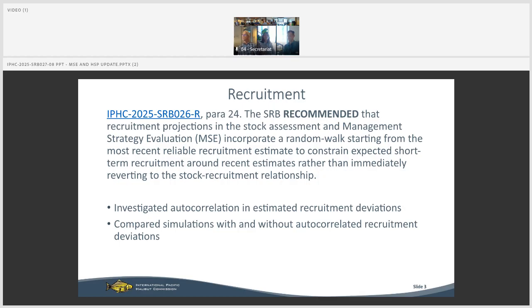So what we wanted to do was begin addressing this request by first just looking at autocorrelation and the estimates of recruitment deviations. Is there autocorrelation or not? And what sort of autocorrelation or time series models might explain those? And then we wanted to do simulations with and without various levels of autocorrelated recruitment deviations using the MSE operating model to see those effects.